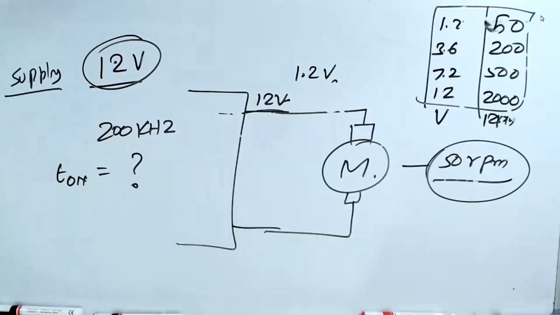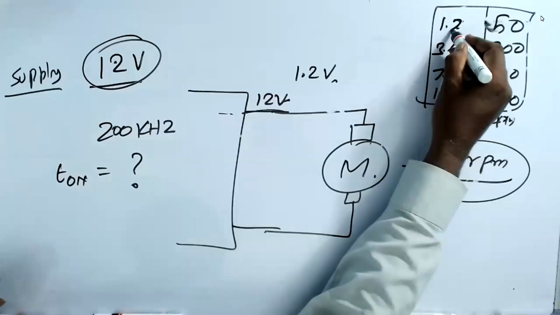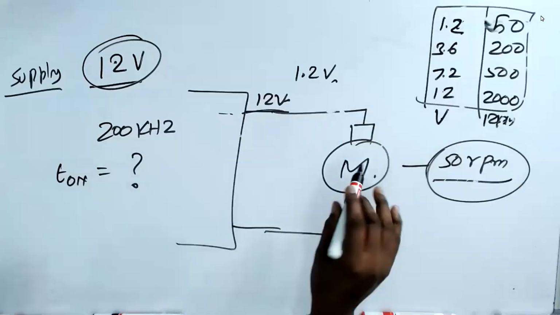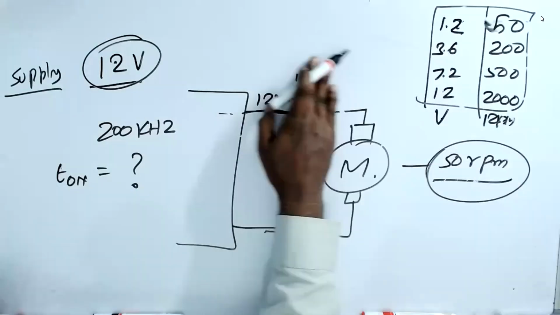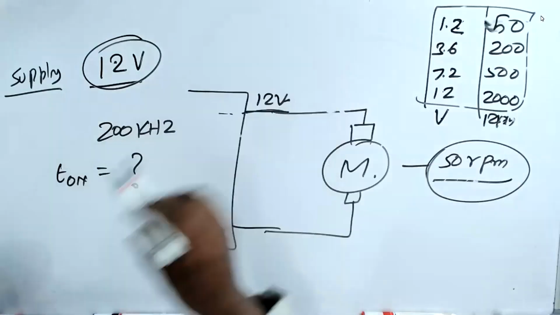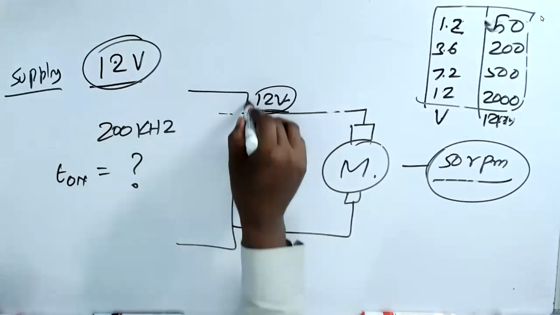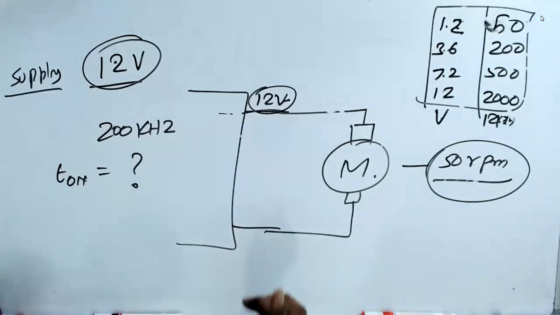I have given a table. The motor manufacturer gives for each voltage what speed. My supply voltage is 12 volts. Now tell me, what is the T on time?